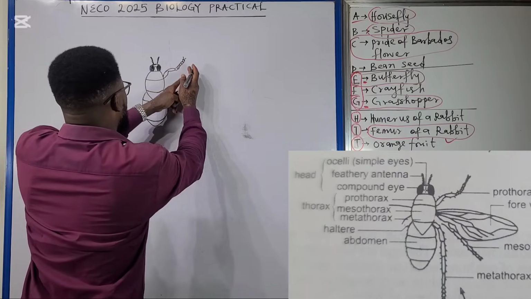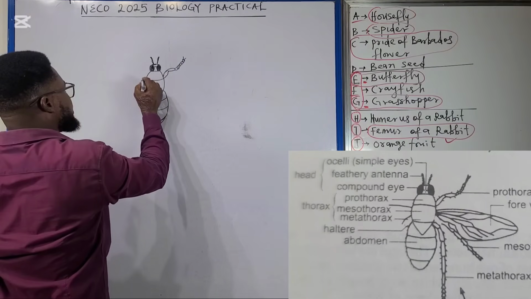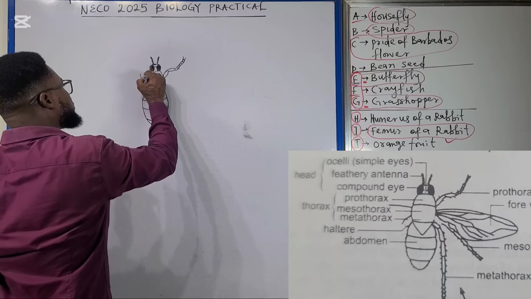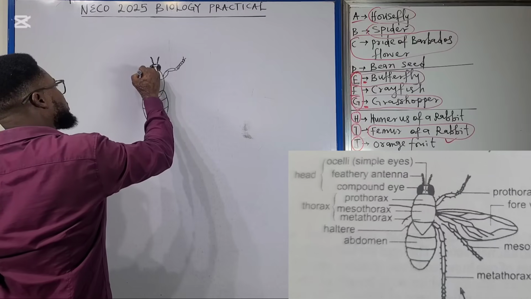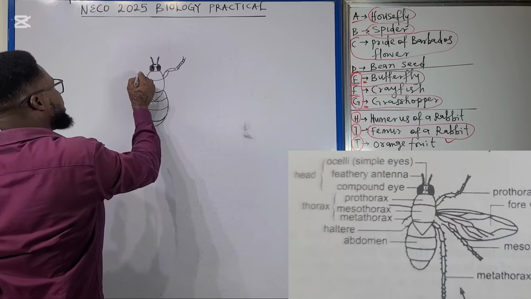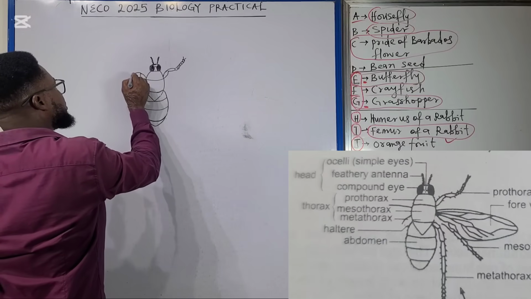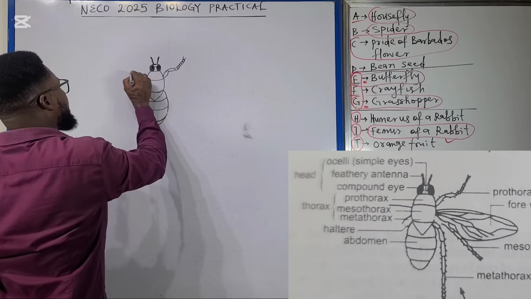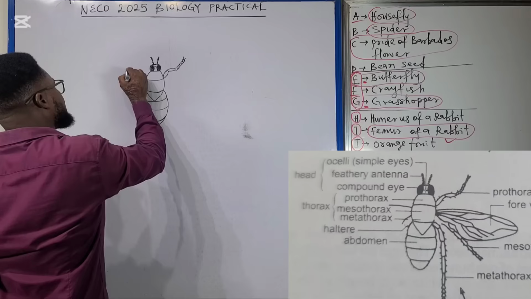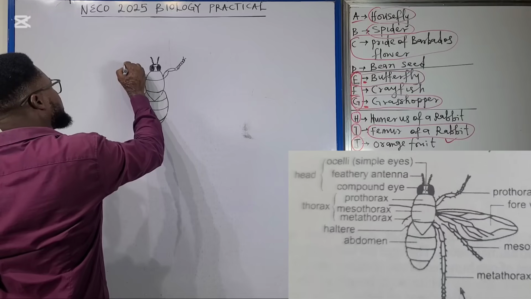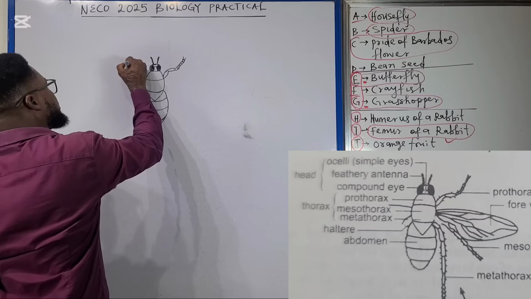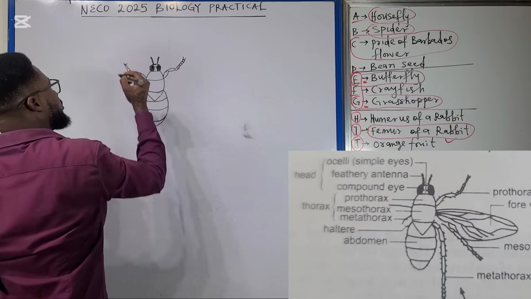The same thing we've had here, we're going to have on this side as well. So this is going to go like this, and then to the side, and then we're going to go like this, something like this, till it ends in a claw.